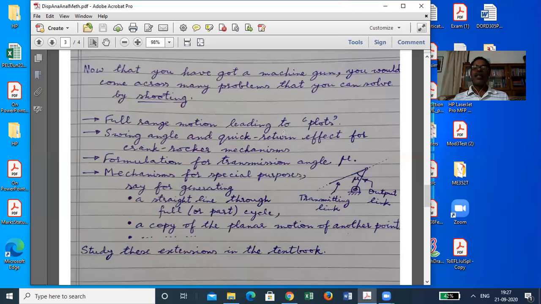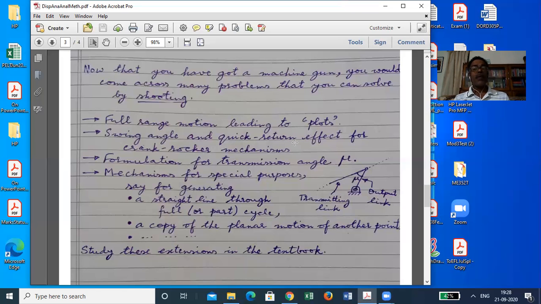So these things you can analyze because you have got the equations in hand, and everything you can solve out clearly. This you could have done from graphical methods also, but now you can develop formulas which will be useful for you to design a mechanism for such a purpose.